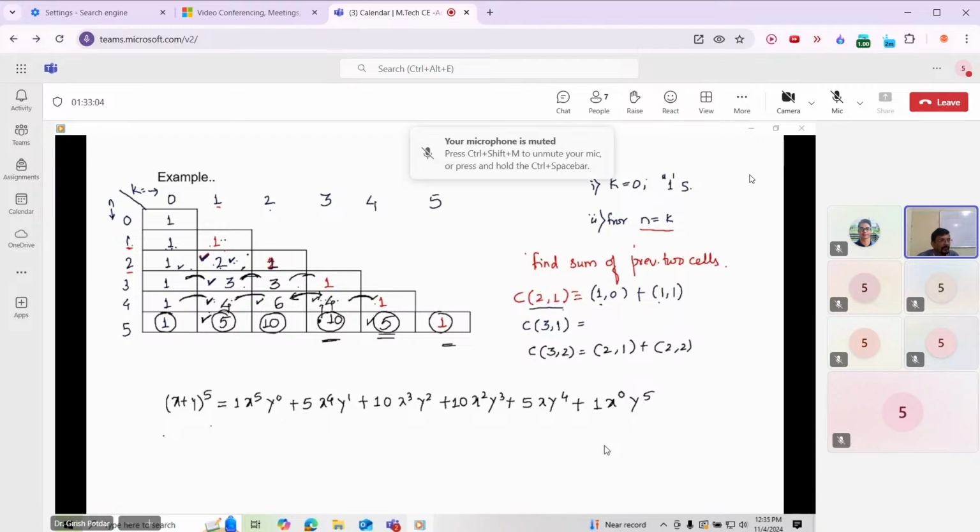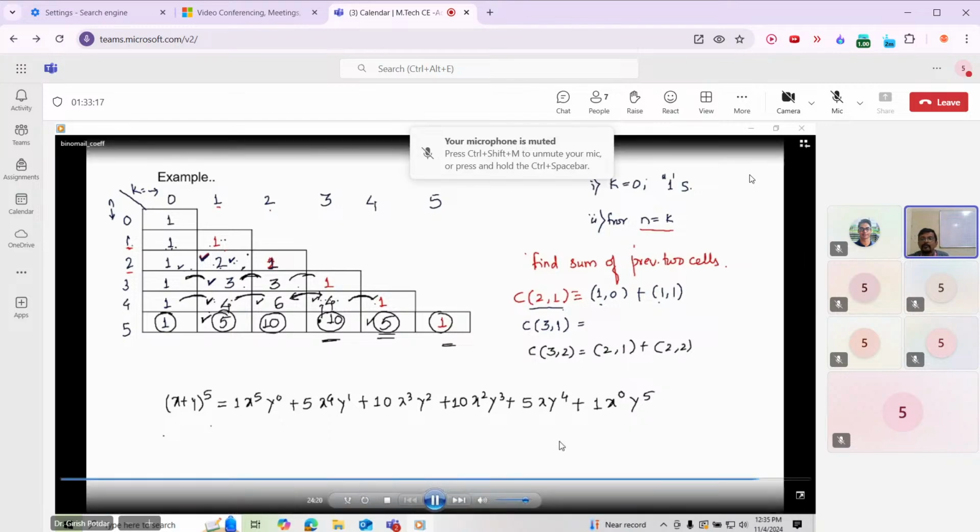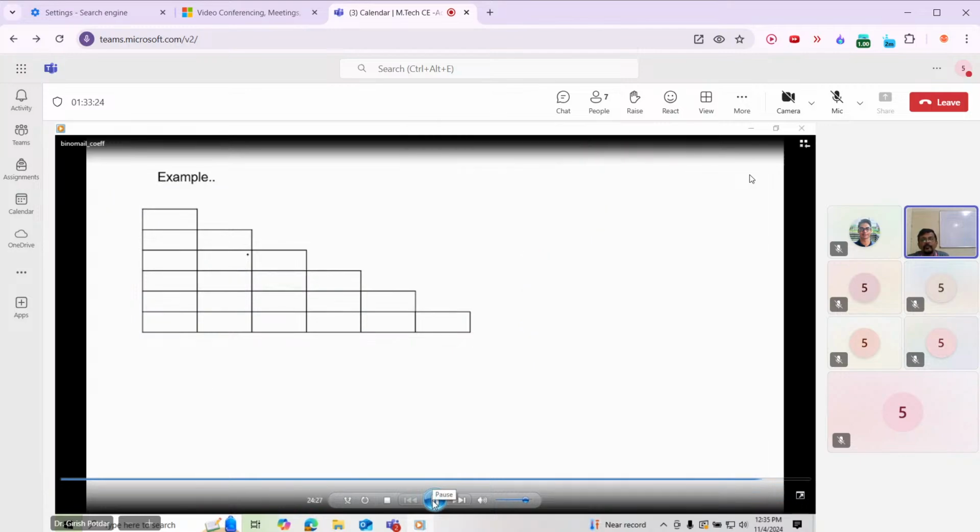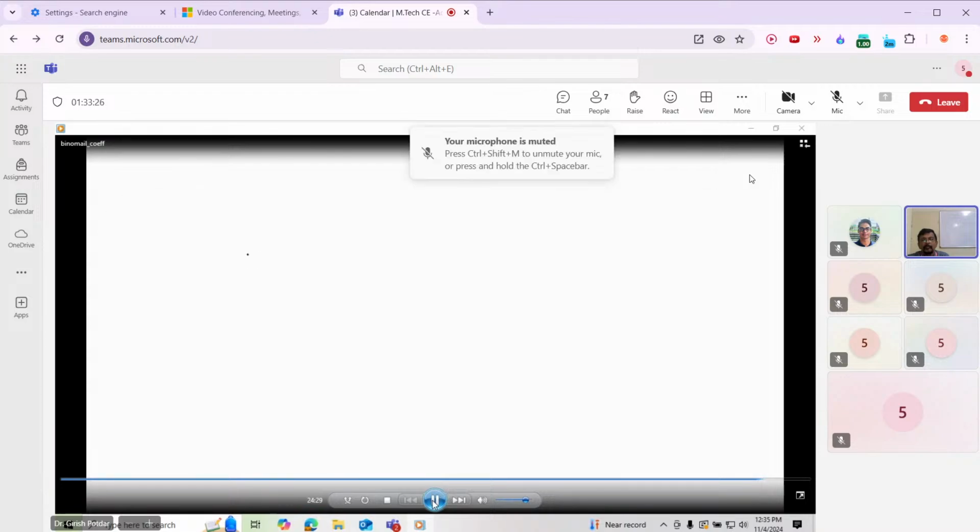Then while computing the next cell from top down, it is a sum of the previous two elements.